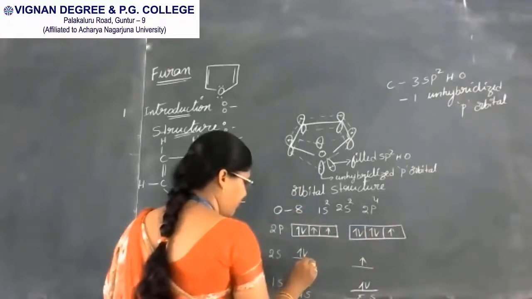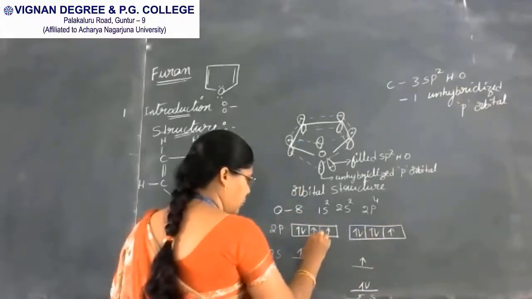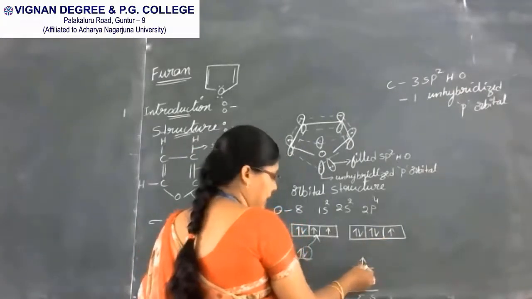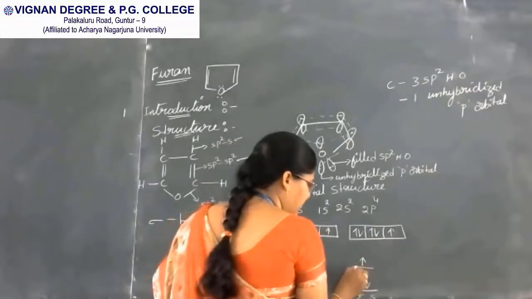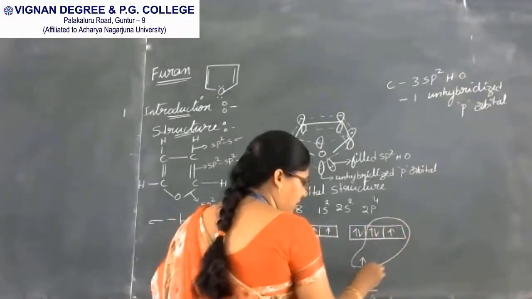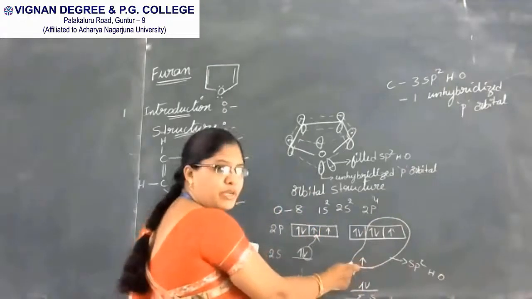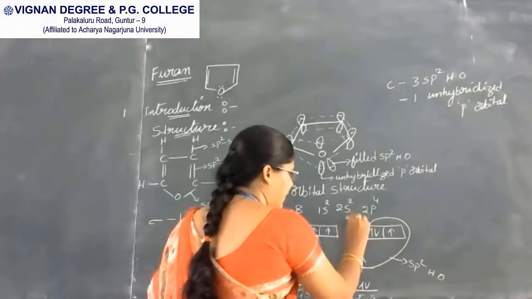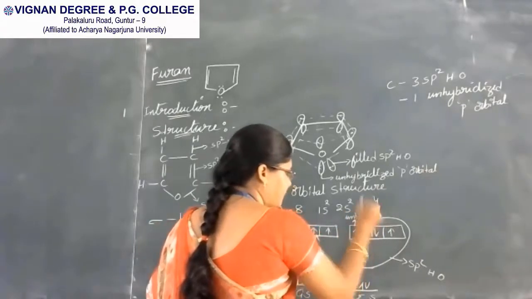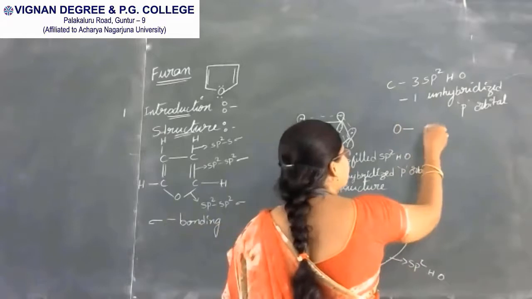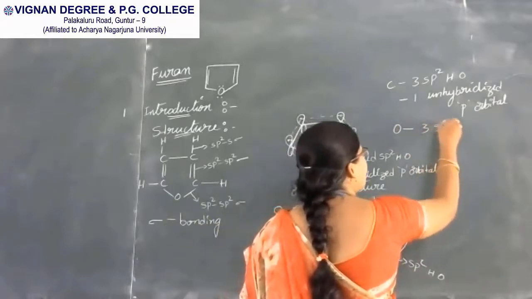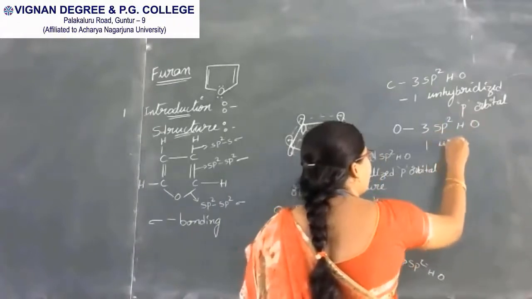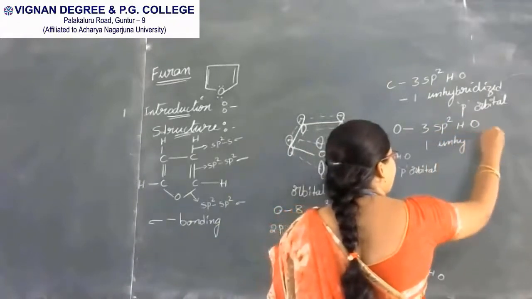Totally, it contains 3 p orbitals and 1 s orbital. Out of these, the s and 2 p orbitals are called sp2 hybrid orbitals, and this one is called the unhybridized p orbital. That means the oxygen atom also has 3 sp2 hybridized orbitals and 1 unhybridized p orbital.